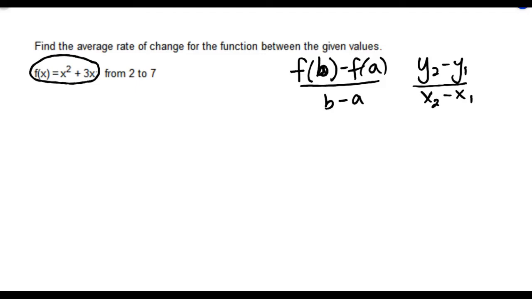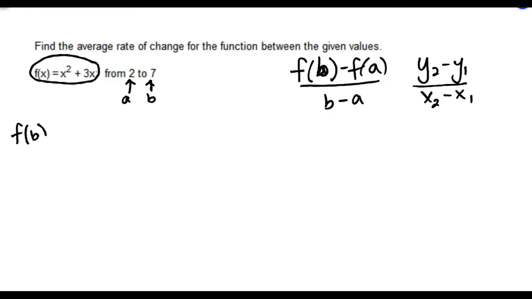In our example, we're going to let a be 2 and b be 7. And we need to calculate f of b and f of a in order to be able to apply this average rate of change formula.